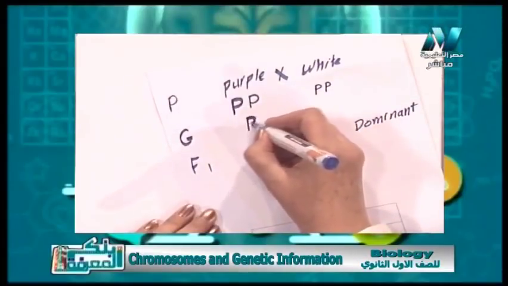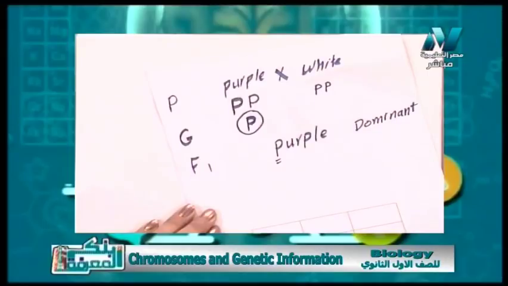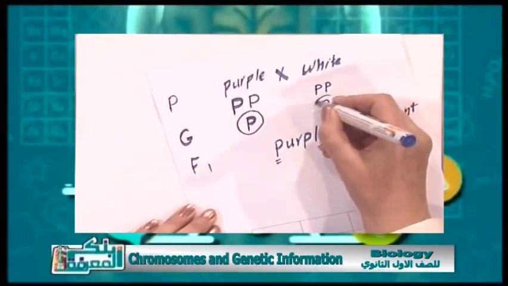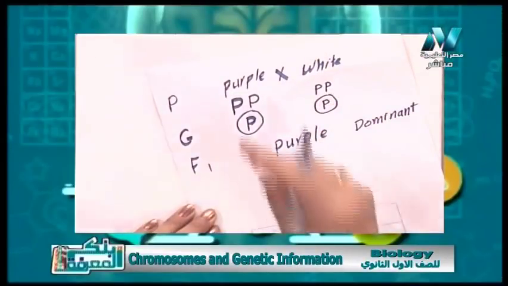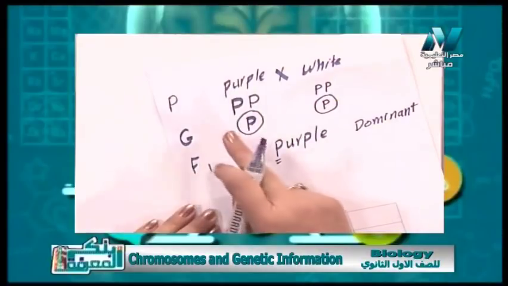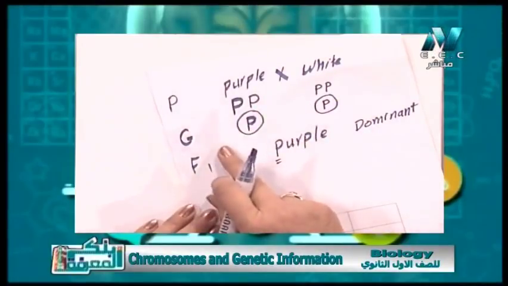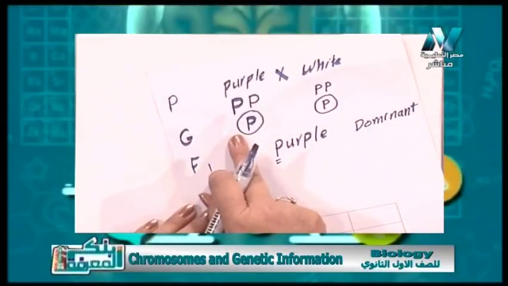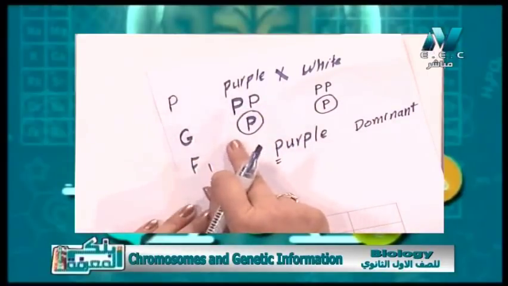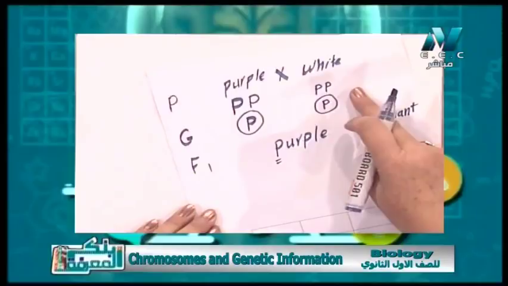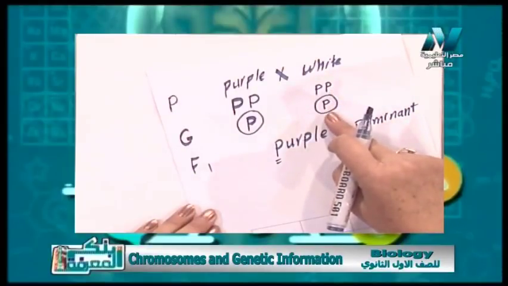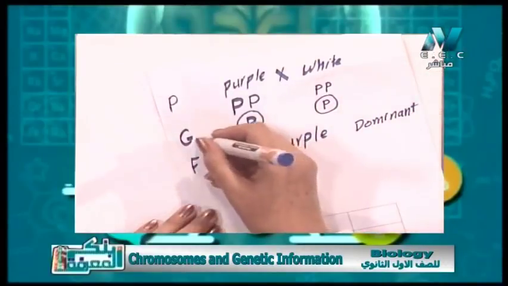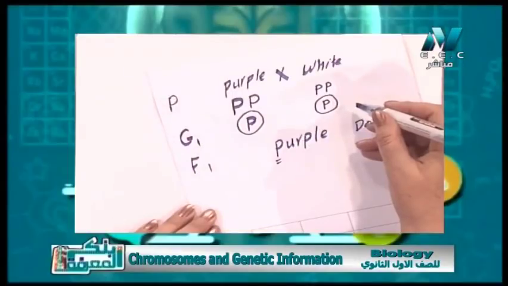We take just one in the gamete, as we said, during the gamete formation. We are speaking about one pair of chromosomes, so we take one of them. And of course, they are the same, so we take just one. So the cells here are 2n, but the cells in the gametes are n.